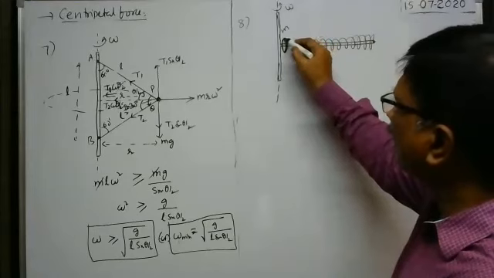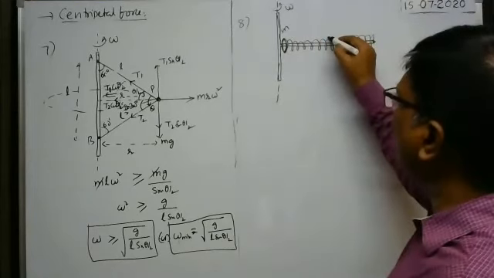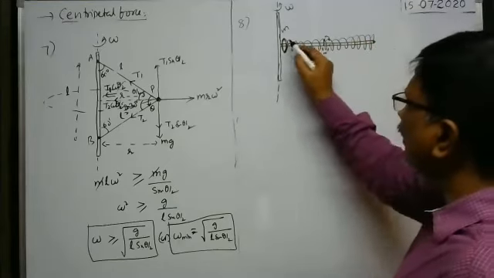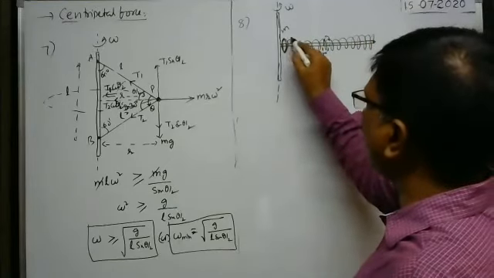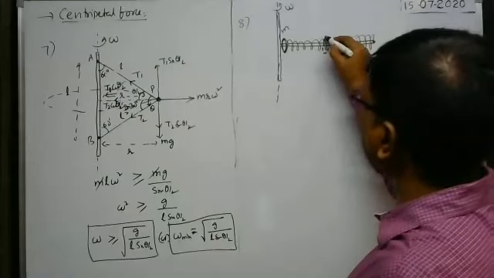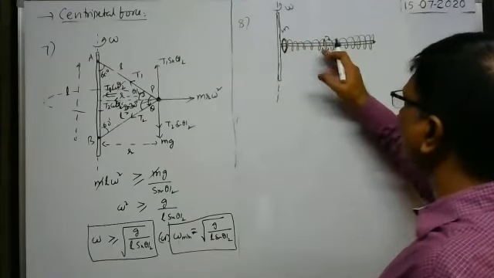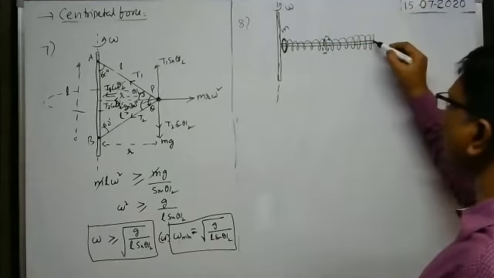That's why the ring moves away from the axis of rotation. Due to the centrifugal force, the ring moves in this direction, and as long as it moves in this direction, the spring compresses, because the other end of the spring is fixed.